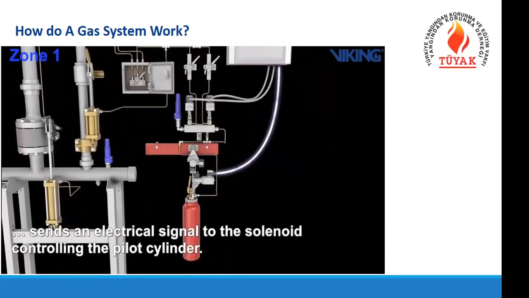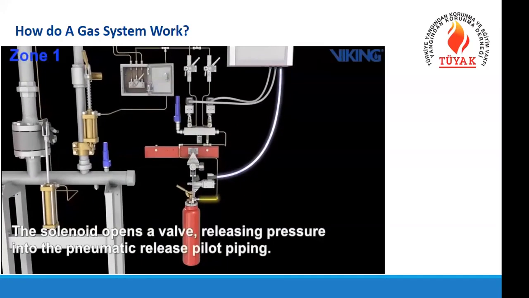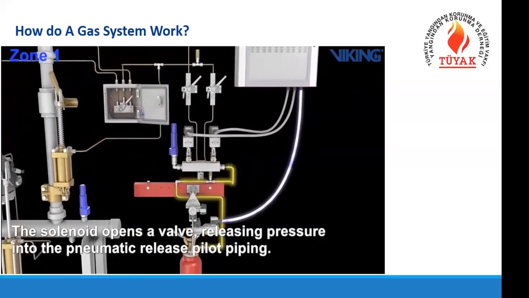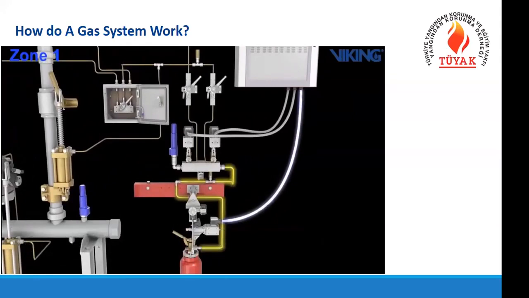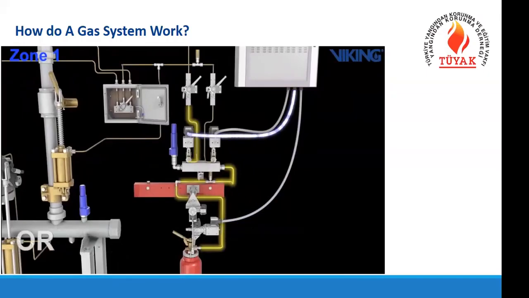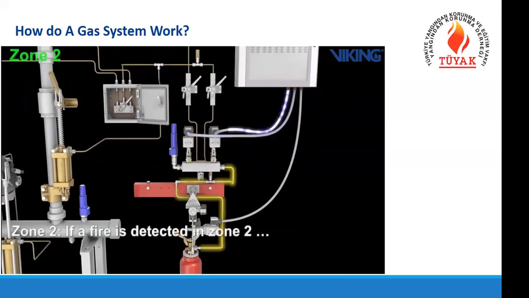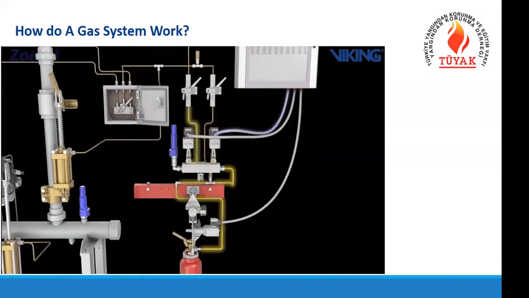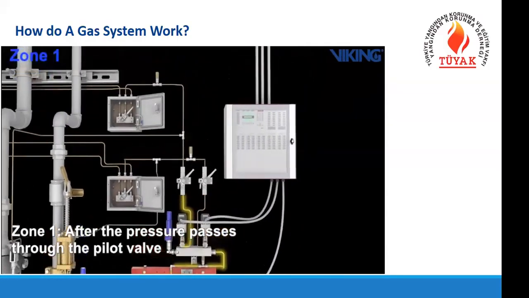And the signal is also used to actuate the pilot valve, which is operating the other valves in the system. And by knowing that the first zone has the fire, we are activating the first zone activation solenoid. Or if zone 2 is activated, then the zone 2 solenoid is activated. So the detectors will decide which zone should be activated.